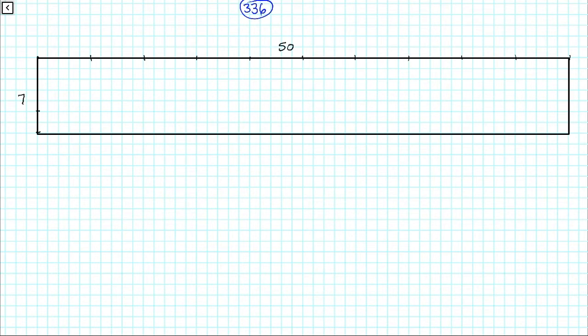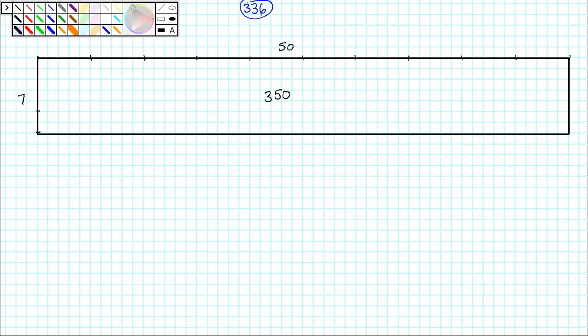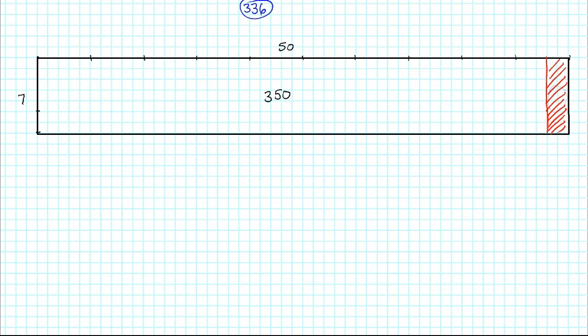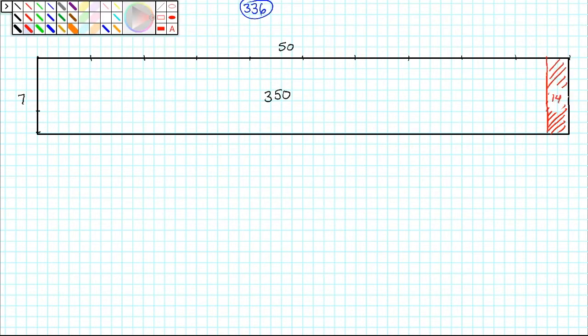That one feels a little bit easier to me because I know 7 times 5 is 35. So 7 times 5 times 10 would be 350. But for 7 times 48, we should take out 2 of those rows of 7. So let's remove those. And that is 14 here. 2 times 7 is 14.